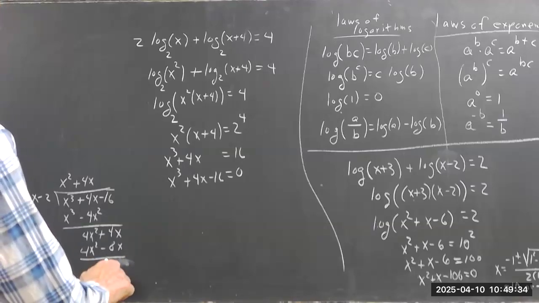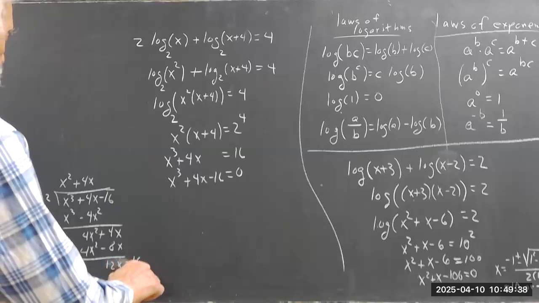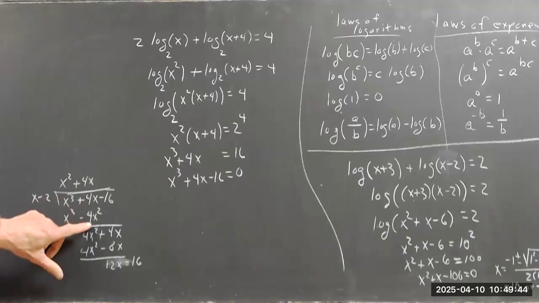It doesn't seem like it's going to work. This is going to be 12x minus 16. So what did I do wrong? I've got 8 plus 8 minus 16.